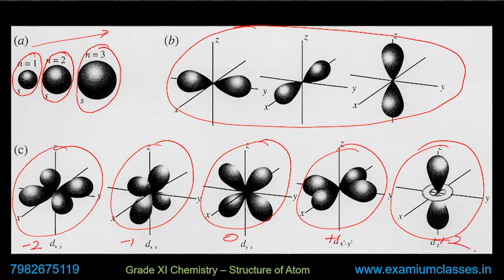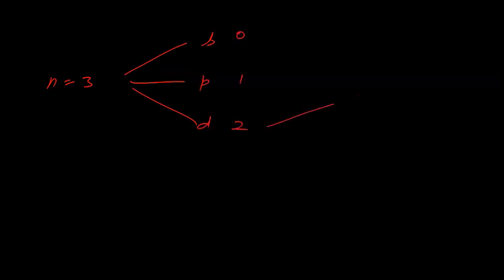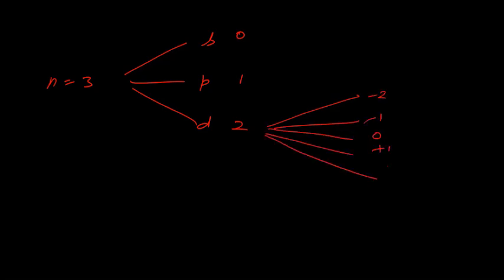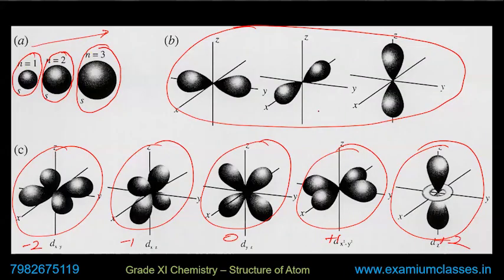For n equals 3, there will be 3 subshells possible, S, P, D, that is 0, 1, 2. And for D, you calculated there will be 5 orbitals, -2, -1, 0, +1, +2. These 5 orbitals are actually shown here.